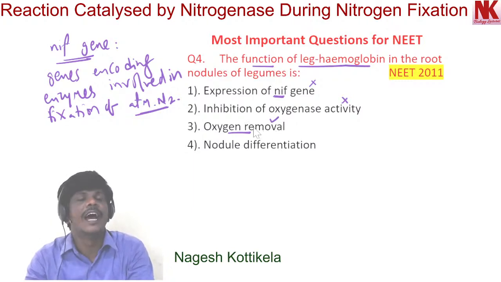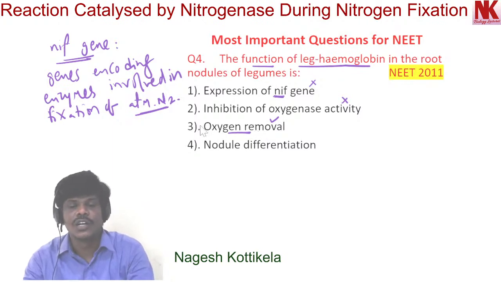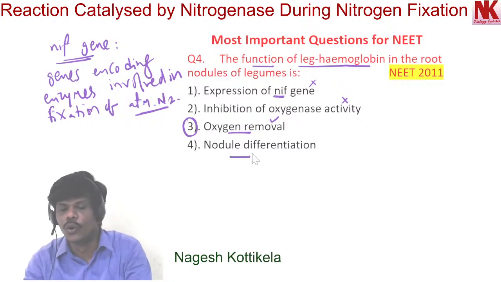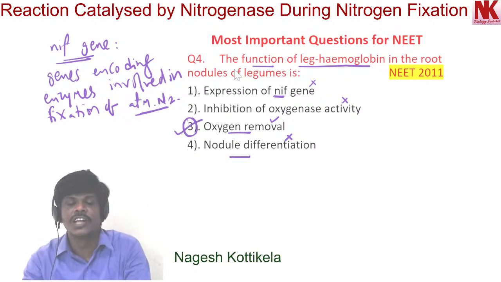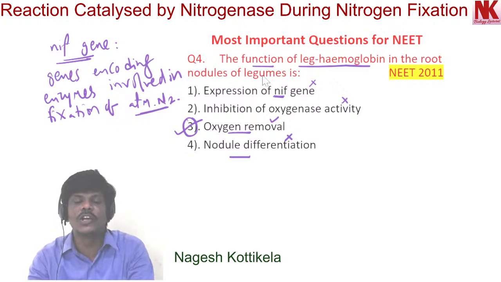In the absence of oxygen, nitrogenase enzyme can catalyze the biological nitrogen fixation. If we check the fourth option, nodule differentiation, no, NIF genes do not have a role in nodule differentiation. The most appropriate option here is the third option. The function of leg hemoglobin in the root nodules of legumes is oxygen removal.